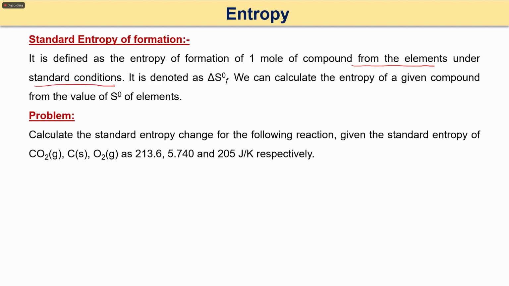Okay. So the entropy of formation of 1 mole of compound from the elements under the standard condition will be called the standard entropy of formation, and it is denoted by delta S naught F.